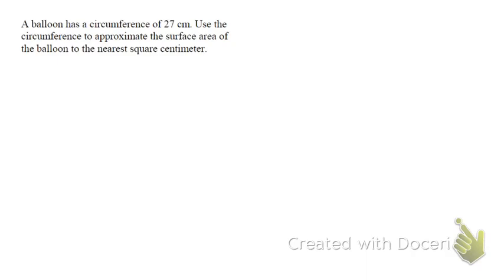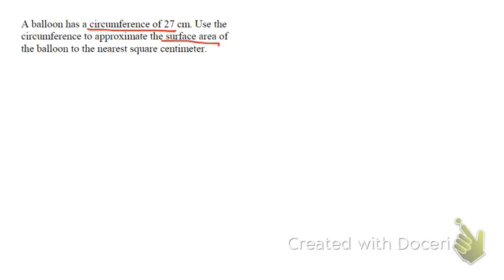Number 3. This problem talks about a balloon, and I assume they intend it to be in the shape of a sphere because they mentioned the circumference of it. So it's a balloon, so we're going to call that a sphere. And they give me the circumference, but they ask about surface area.